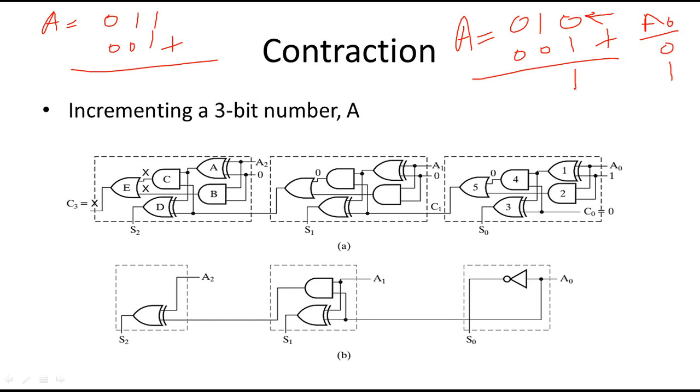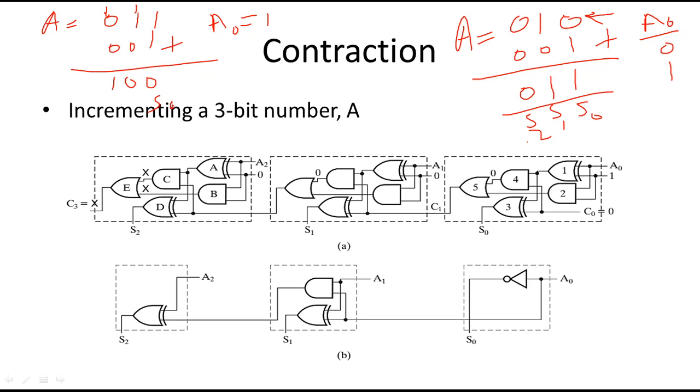And if A0 is equal to 1, then the sum is 1 plus 1, 2, and for 2 we write 0 and a carry bit 1. 1 plus 1 again gives 0 and carry 1, and 1 plus 0 plus 0 is equal to 1. So this is our S0, S1 and S2.